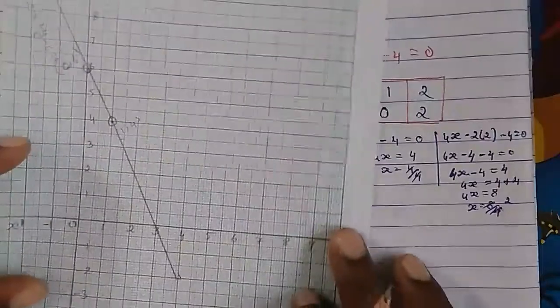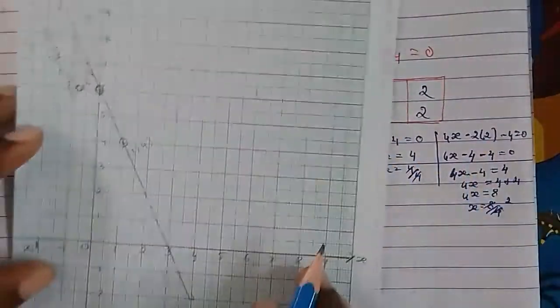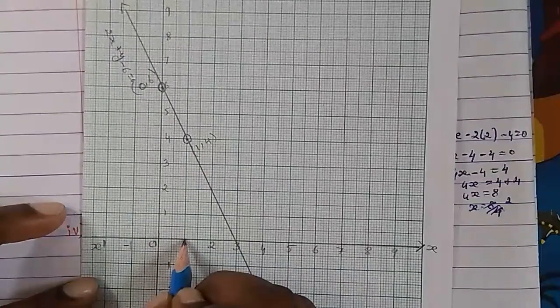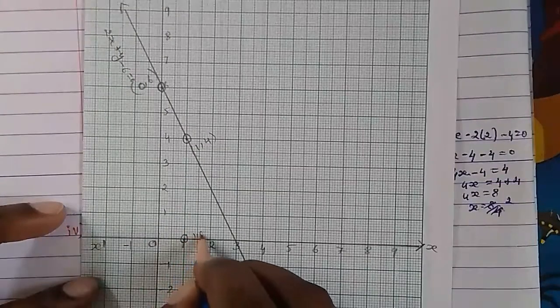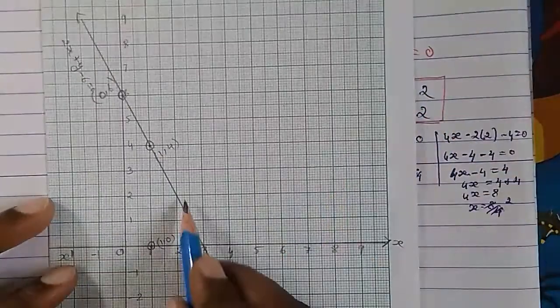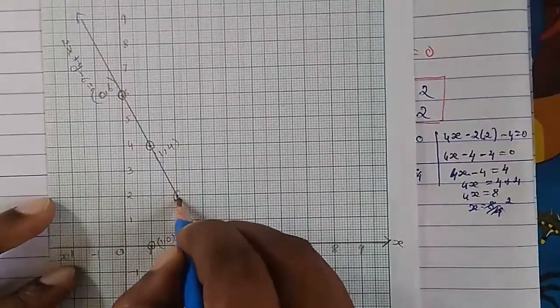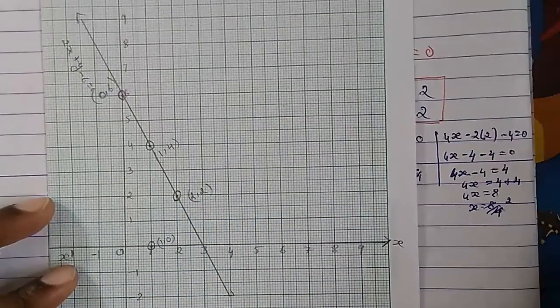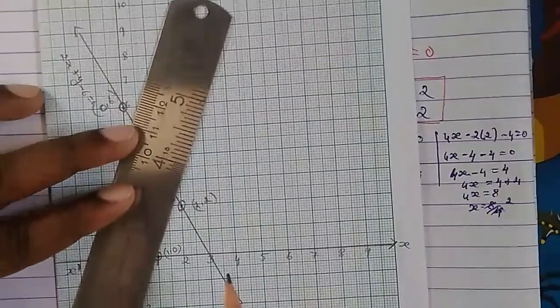Okay. So now let's do the graph for the other one. 1 is here and for y, 0 is here only. So 1 comma 0. Then we have 2 comma 2. So 2 is here and 2 is here. It's the point 2 comma 2. So let's join these 2 points.